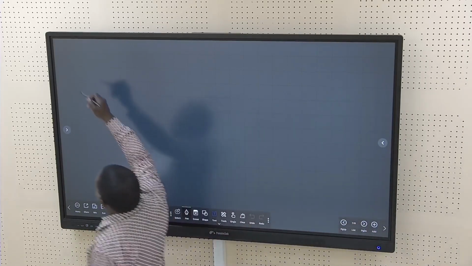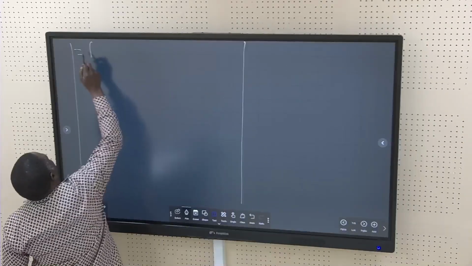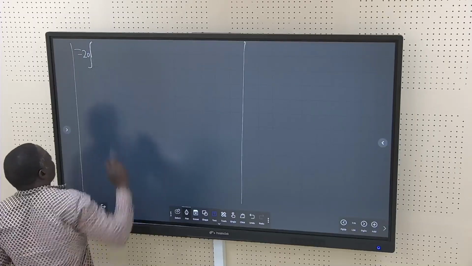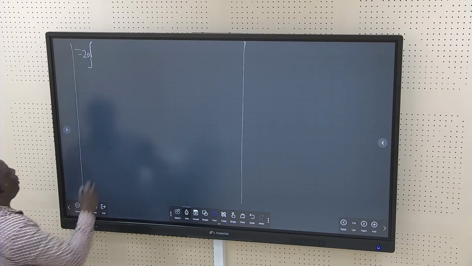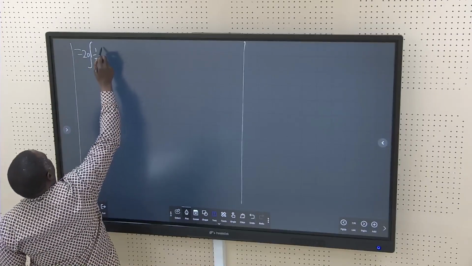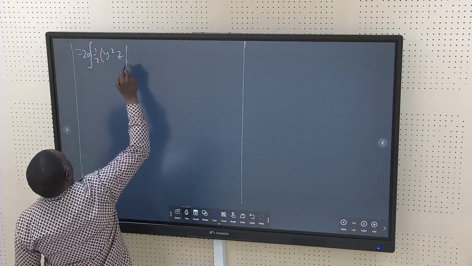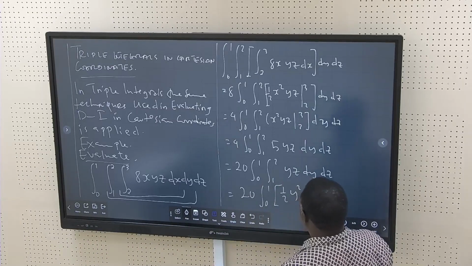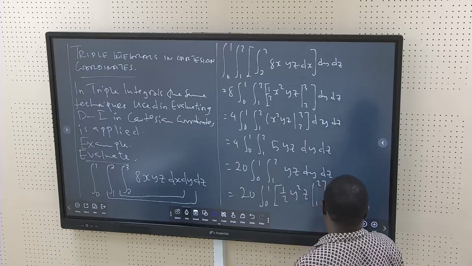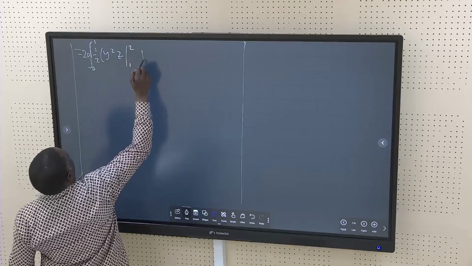This equals 20, the integral of a half y square z, from 0 to 1 and 1 to 2, with respect to z.